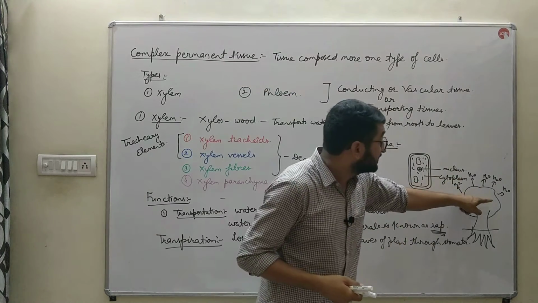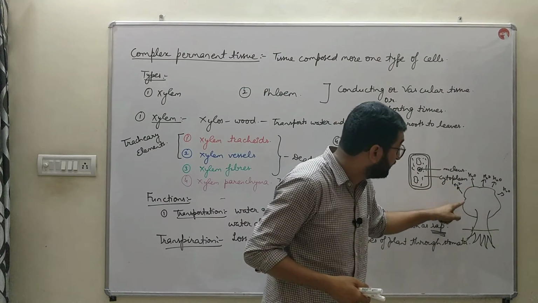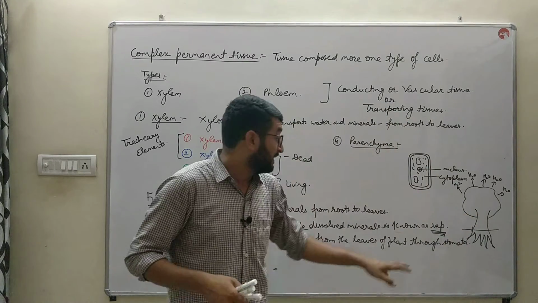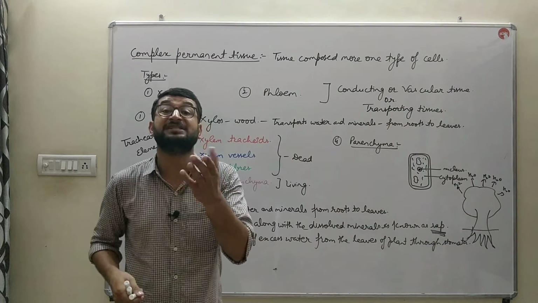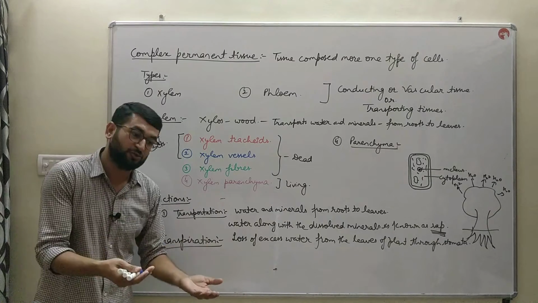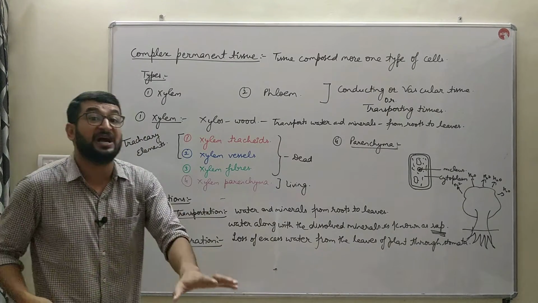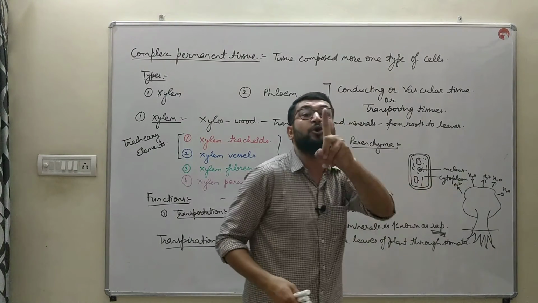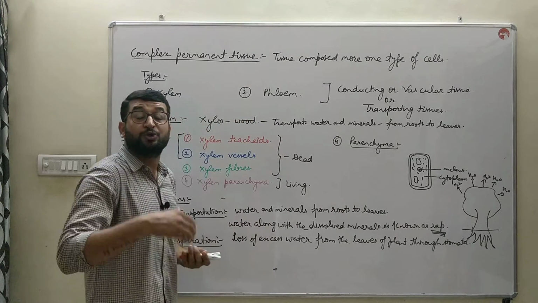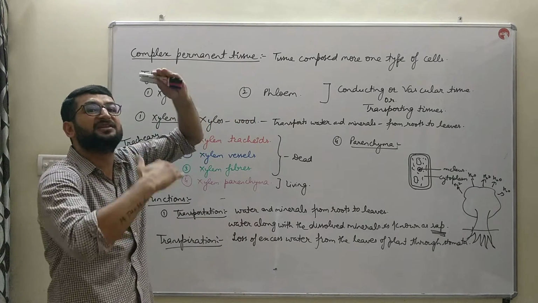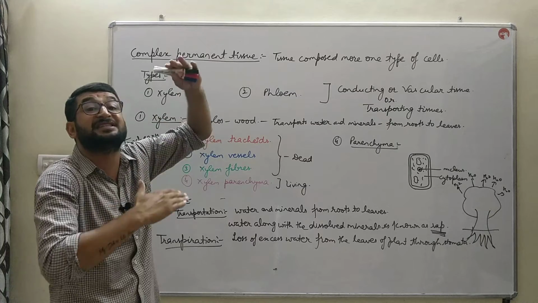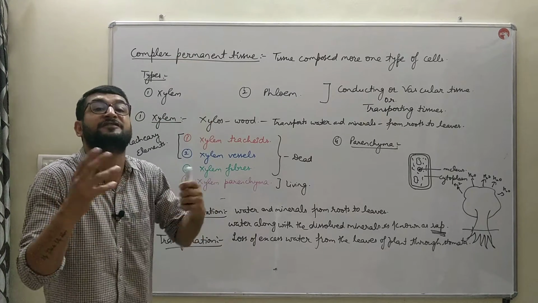Due to that loss, the pressure at the top is low, but at the bottom the pressure of water is high. Near the roots there is continuous water, so the pressure is high there and low here. So due to this a pressure gradient is formed. Gradient means difference.